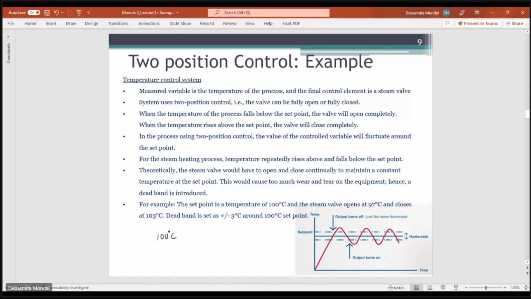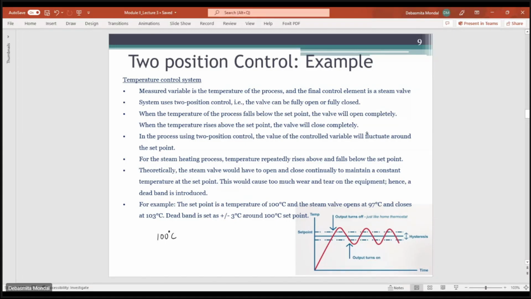Now let's say the temperature of the process is slowly increasing and reaches the set point of 100 degrees. The moment it rises above 100 degrees, the valve immediately closes, so no steam is coming into the system and the temperature is maintained.